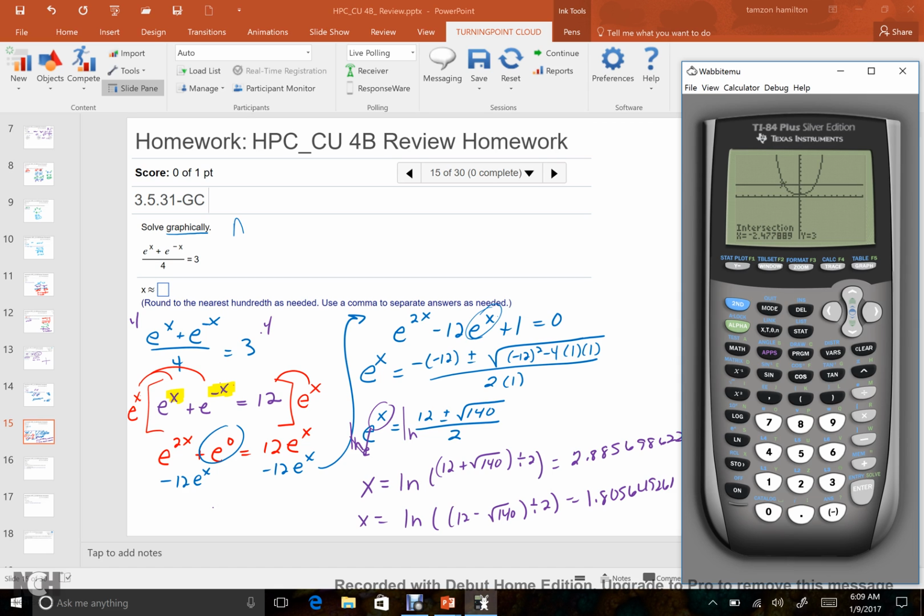I typed this wrong. It should be e to the x plus e to the negative x divided by 4, and 3 on the second one.